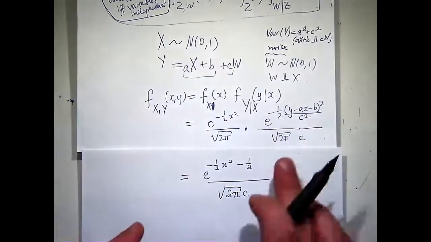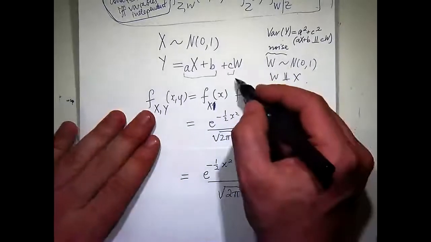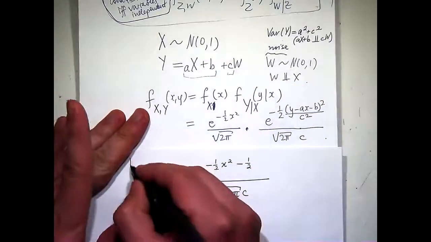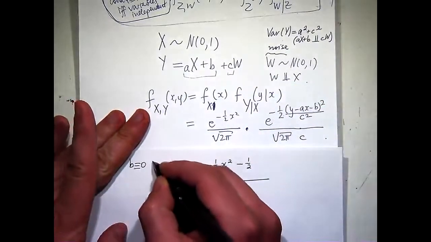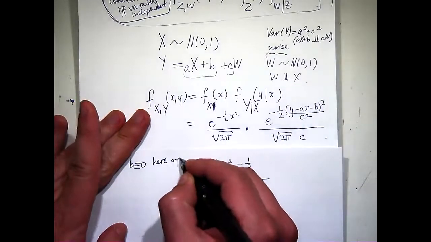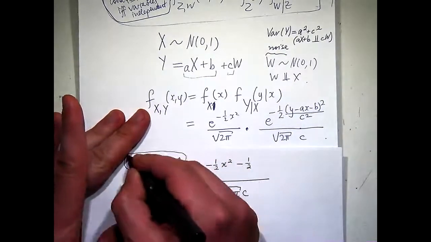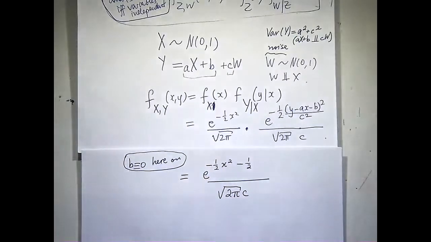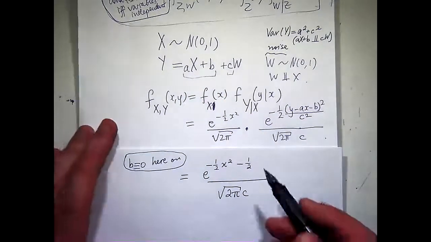Okay, I'm going to simplify my life by imagining b to be equal to 0 from here on. That might seem like a big simplification. It's not really, because it's just shifting y by a constant. So in order to have everything mean 0, I'll just assume b is 0 and then x also has mean 0.